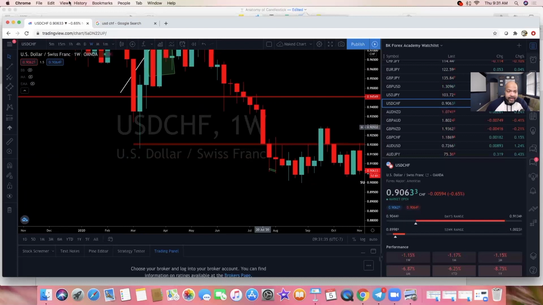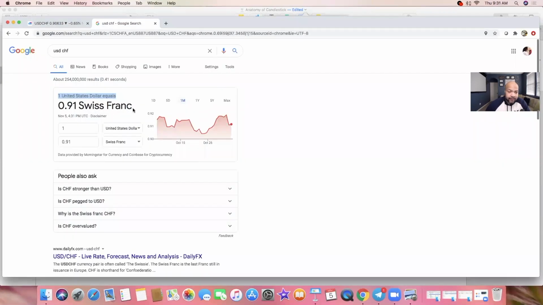Okay. So that simply means that if I live in France and I have 91 Swiss franc and I want to go to United States and I want to change my money so I can start buying in the United States, they would give me one United States dollar for every 91 cents of Swiss franc. So that's what that means.